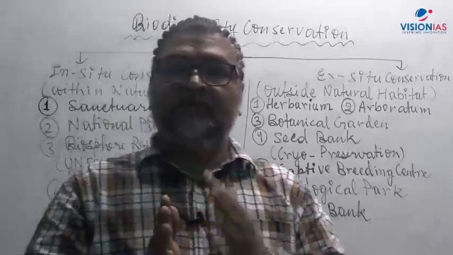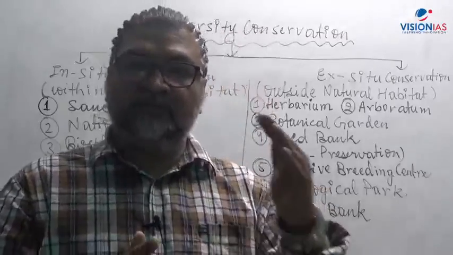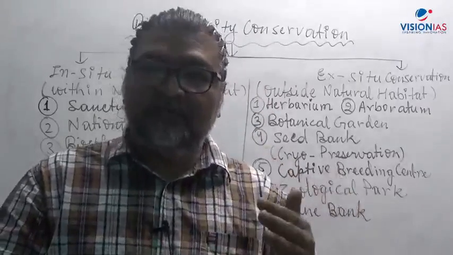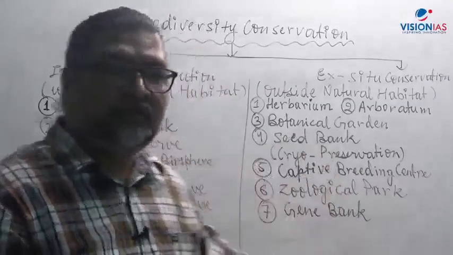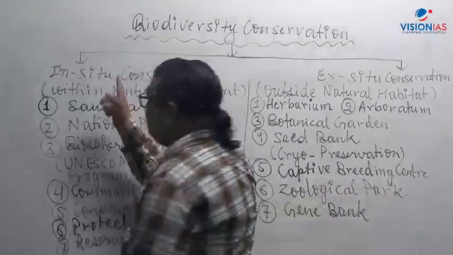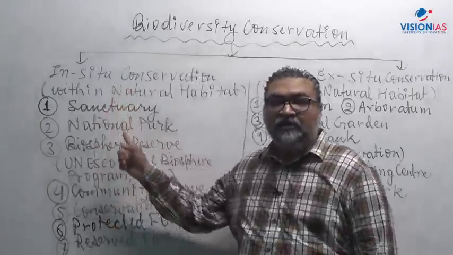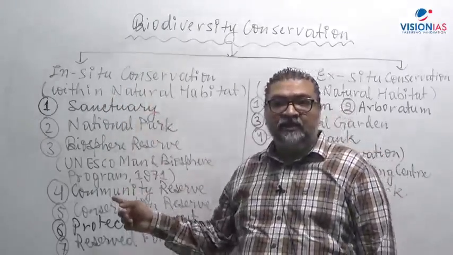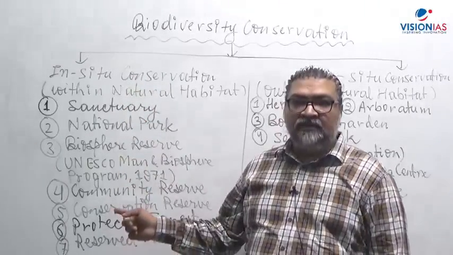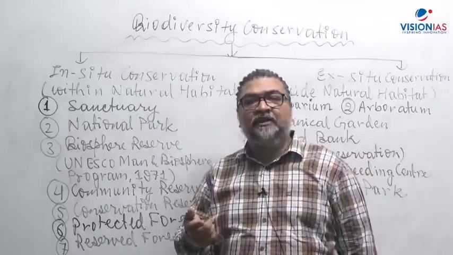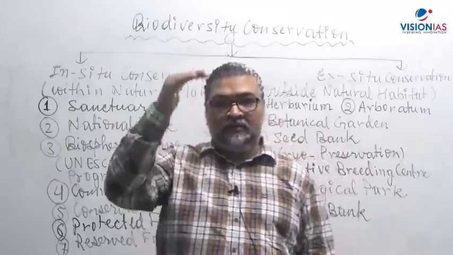What are the differences between biosphere reserve, national park, sanctuary, and what do you mean by community reserve, conservation reserve, protected forest, reserved forest. So we'll go into the detailed part of in situ conservation and we'll take examples. We will learn through examples here. This will be our next topic where we will understand all these areas.